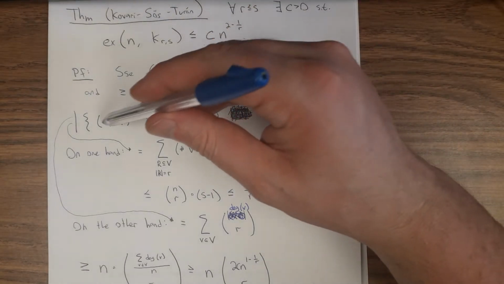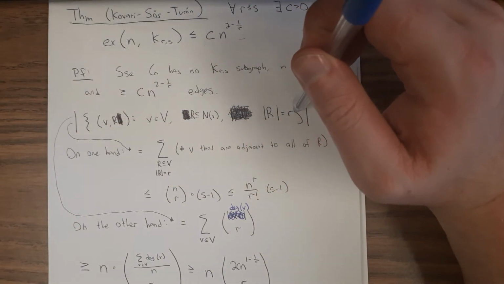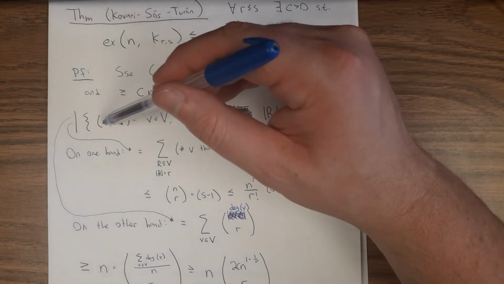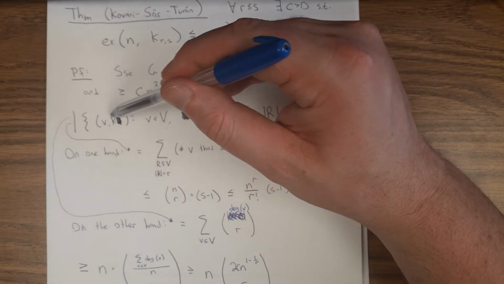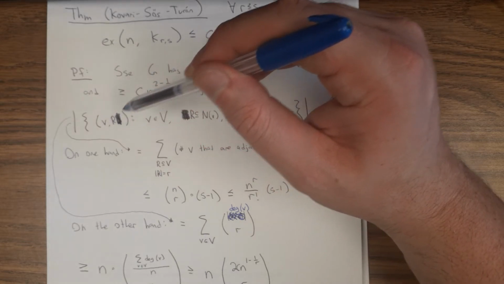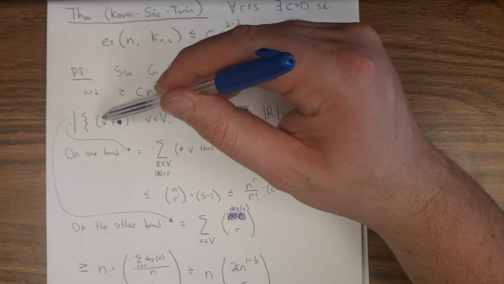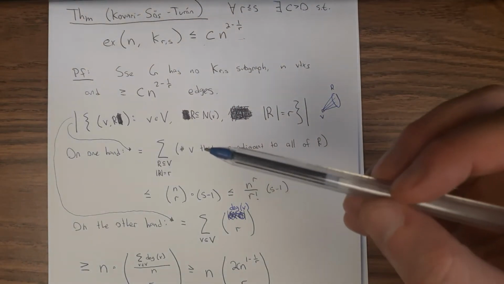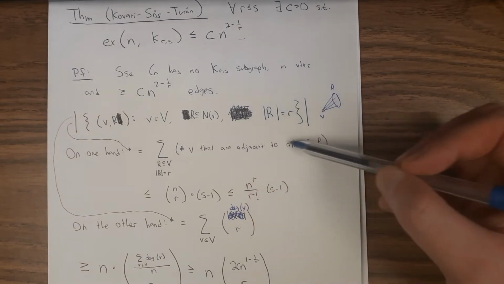So on the one hand, and this is going to be a double counting argument, I'm counting pairs, and there are two ways I can do it. I can sum over v, and I'll add up how many R's go with that v. Or I can sum over R's and ask how many v's go with that R. So here's one way to do it.